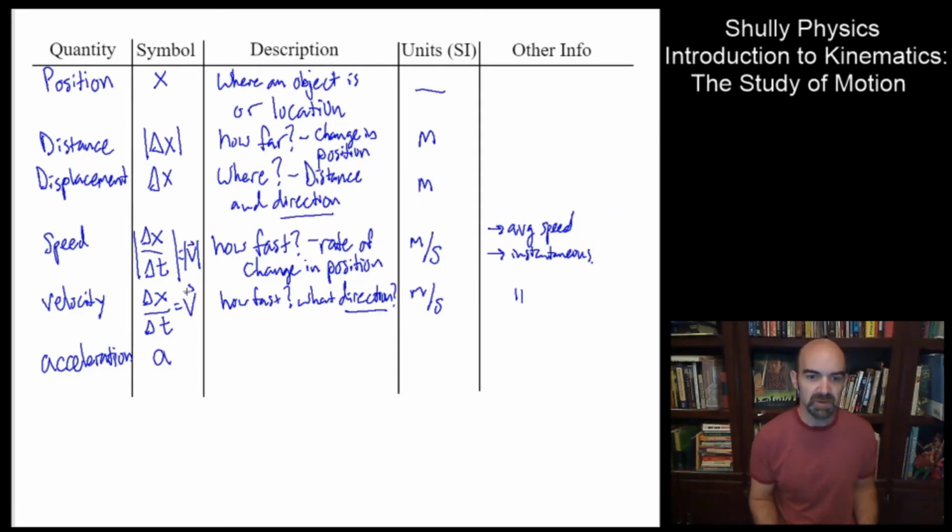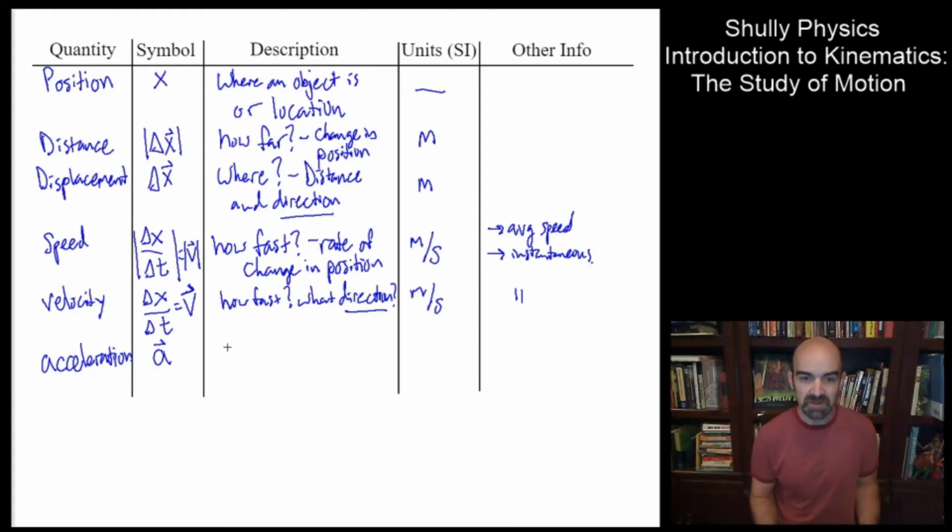And why don't we go ahead and use that vector notation? V is a vector, A is a vector, X is also a vector. A position from a starting point has a direction to it. So we'll bring that aspect out here as we're building it up.